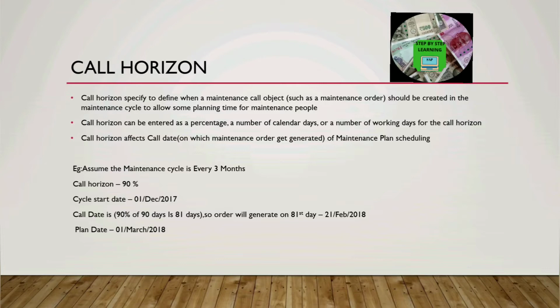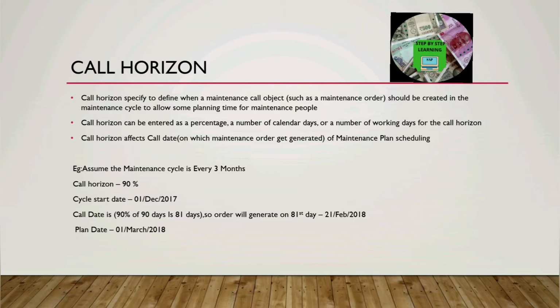That can be defined through this call horizon percentage, or in number of days in S4 HANA. That's the third point: the call horizon affects the call date. By defining the percentage or number of days, it affects the call date. The call date is the date on which the order is actually generated, but the plan date is the date on which you need to perform the maintenance.